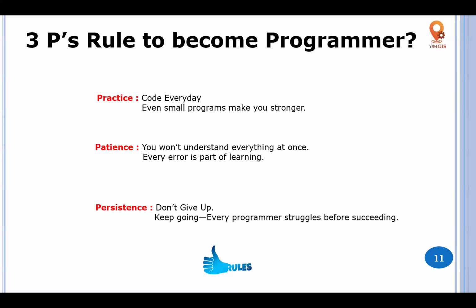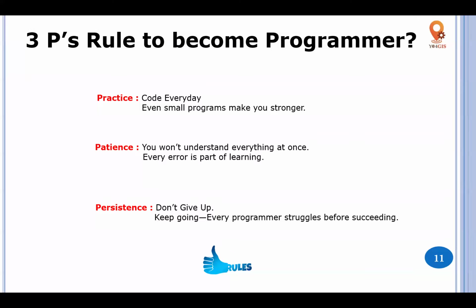After that, persistence. If you see, many people in this group today have definitely already tried development by themselves. But the problem is whenever we get errors, we try to give up.